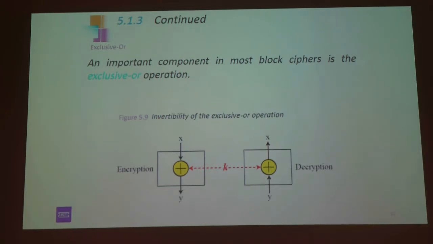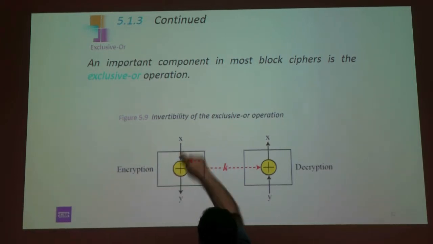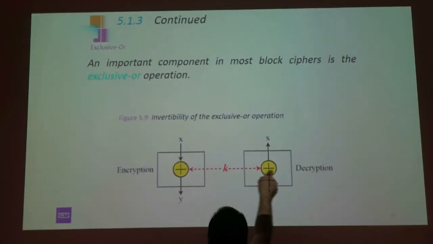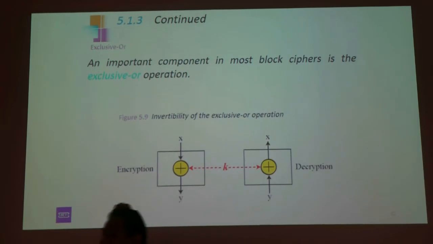Why? How? What's the condition? There's a condition. It has to be one fixed input, which is the key. So to have it invertible, x to y and y to x, the second input always has to be the same, which is k.